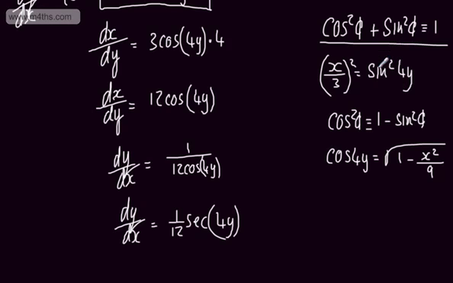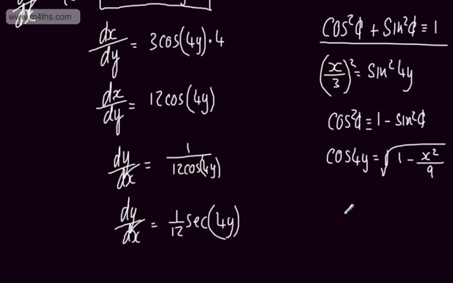We know that sine squared 4y is equal to this quantity here. We know cos squared theta plus sine squared theta is equal to 1, so cos squared theta is 1 minus sine squared theta. Taking the square root, cos 4y is the square root of 1 minus x squared over 9. You might want to show a couple more steps in that, but essentially this is what we have.